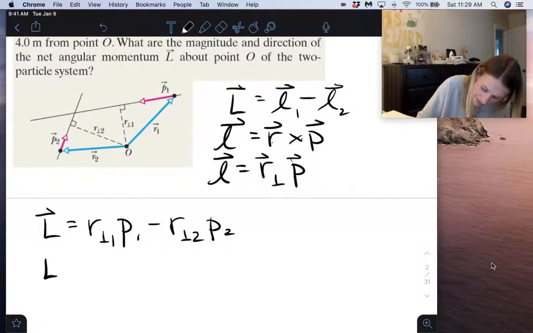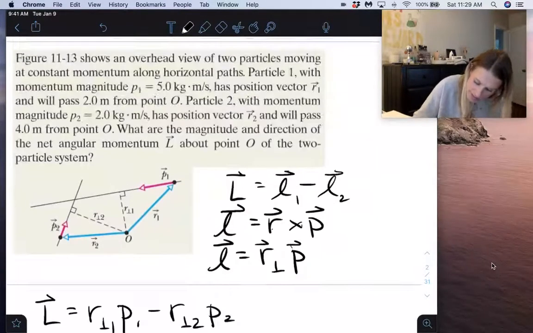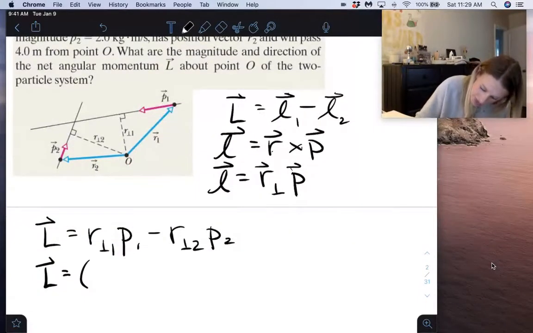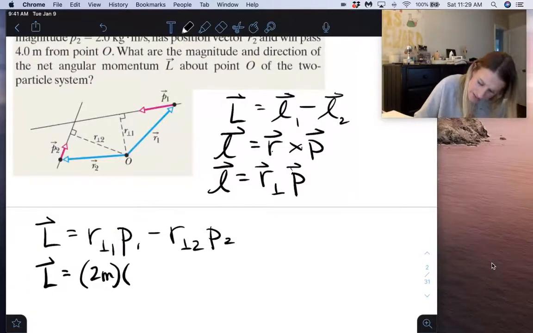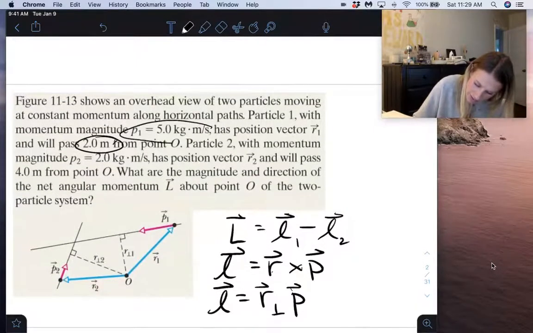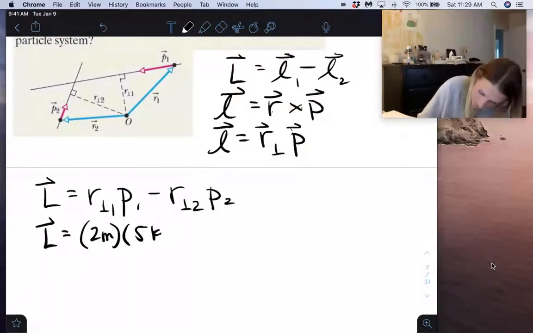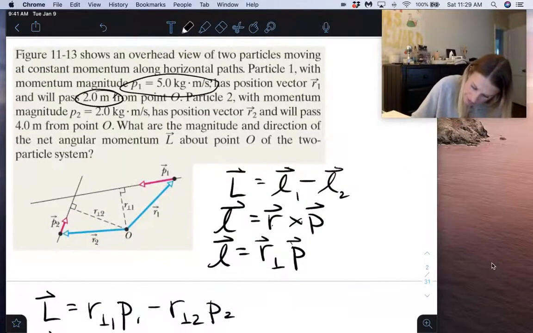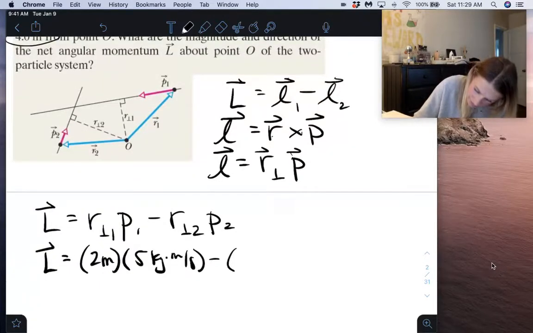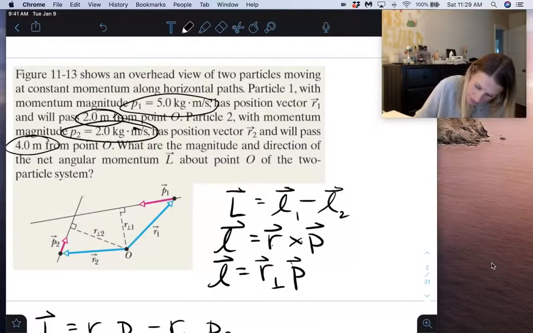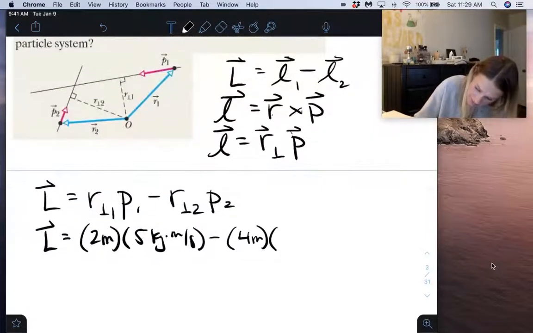So plugging in our numbers, the perpendicular R vector was 2 meters for particle 1, times the linear momentum of particle 1, which was 5 kilograms times meters per second, minus the perpendicular R vector of particle 2, which was 4 meters, times the linear momentum of particle 2, which is 2 kilograms times meters per second.